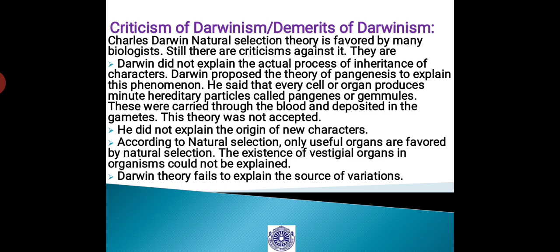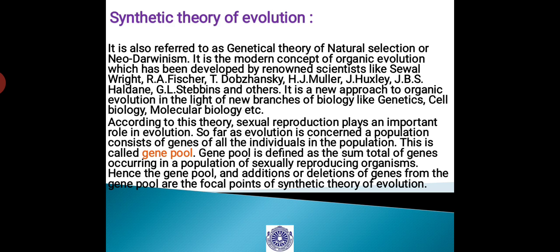And the post-Darwinians, who are also referred to as Neo-Darwinians, have given the explanation for all these demerits in this new concept, which is called the synthetic theory of evolution, or it is also called the genetical basis of organic evolution.